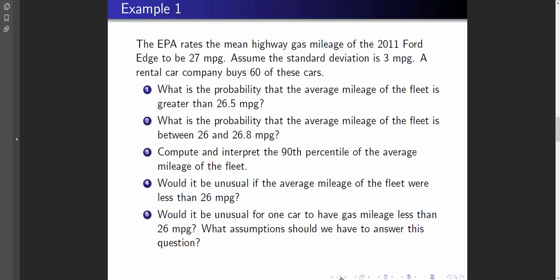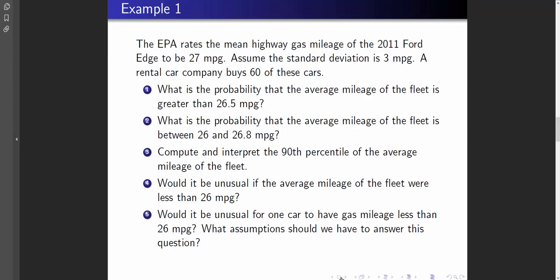So let's think about what's happening here. We have a population of cars with a known mean of 27 miles per gallon and a standard deviation of 3. We have a sample of 60 cars. Notice nowhere in this problem does it say that we have a normally distributed random variable.